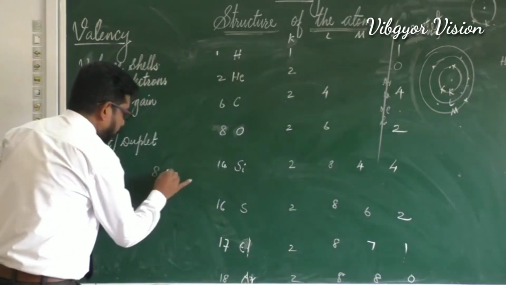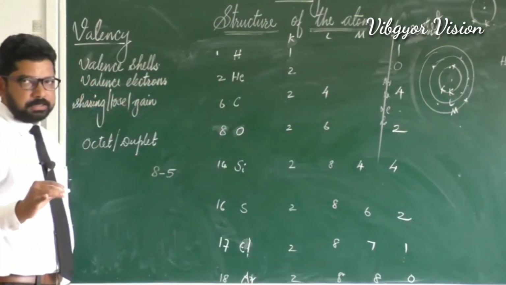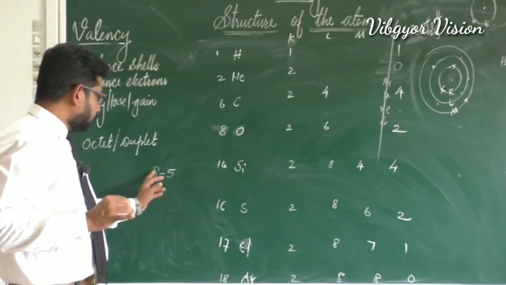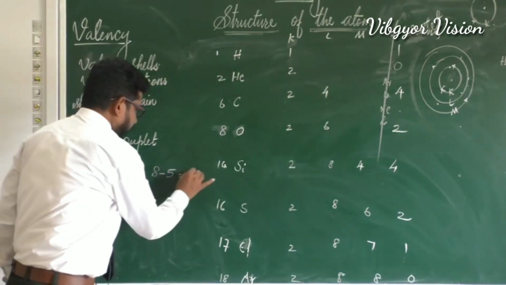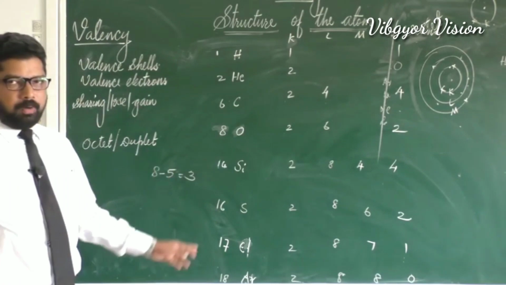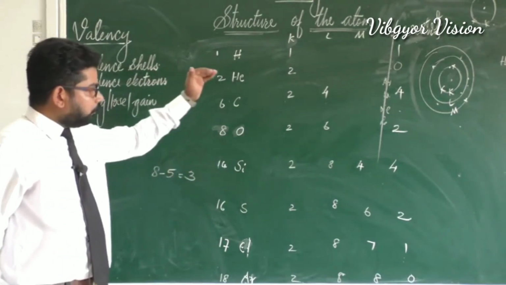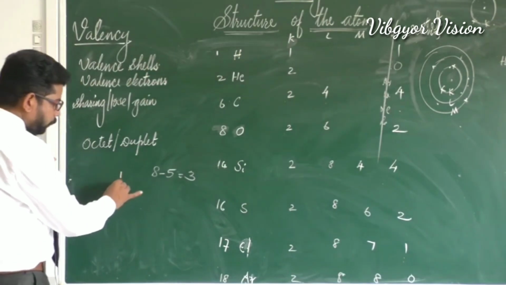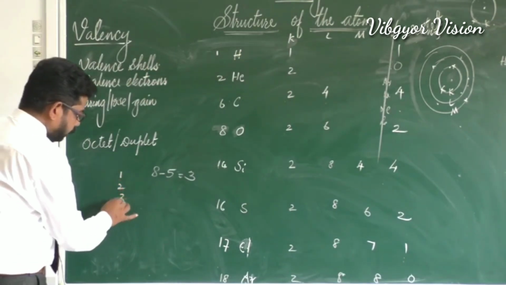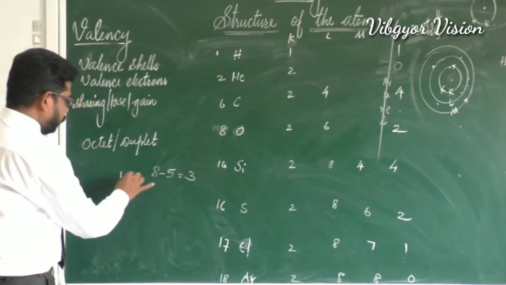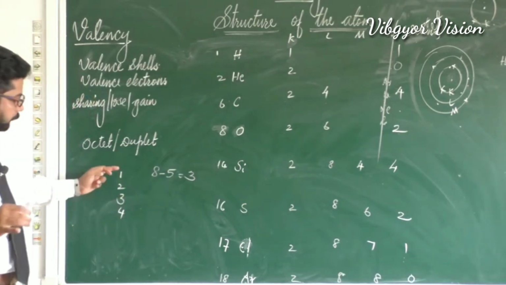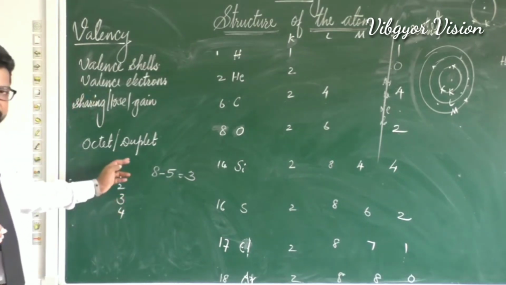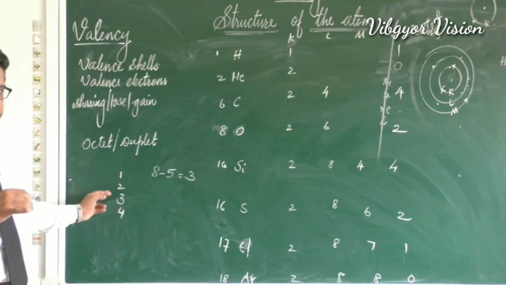We have to do 8 minus that. So if there are 5 electrons, 8 minus 5, 3 will be its valency. If there are 1, 2, 3 or 4 electrons in the outermost shell, then that number 1, 2, 3, 4 will be the valency.